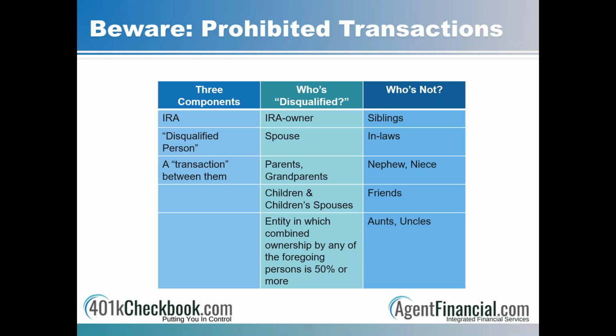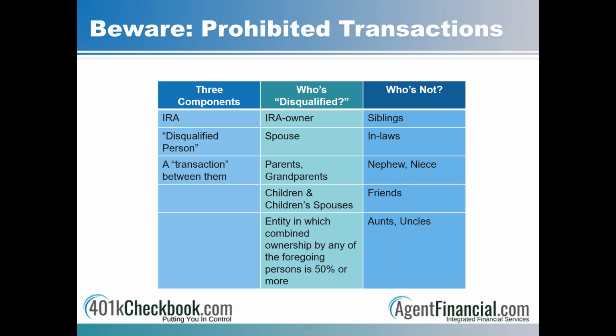Well, what do these rules mean and what is their impact? In practice, the impact is negligible. There really is no impact whatsoever. What they say is that if you've got a rental property that you've already bought in your own name, and then you think to yourself, I'd like to move this into my self-directed IRA, that cannot be done because you cannot sell a property to your IRA. You may not transact with your IRA.